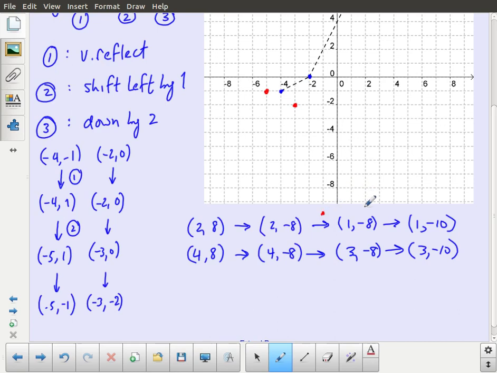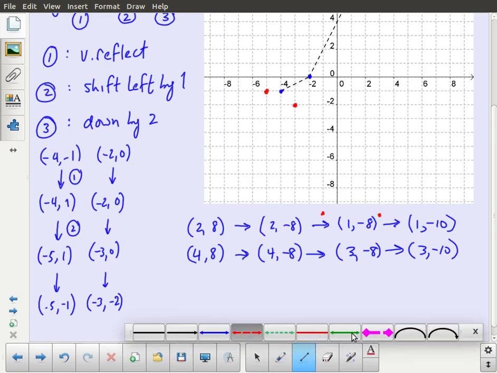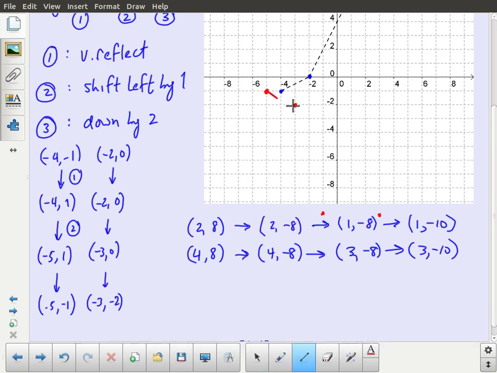A little bit off scale. And 3, -10 is also off scale. That's kind of awkward. I apologize for that. And so now I'm going to connect these. Fortunately, I've got a straight line tool that I can use. All right, so I connect those together.